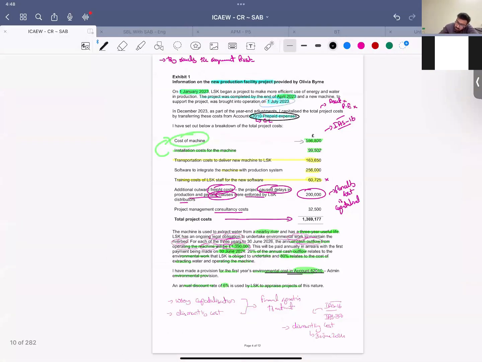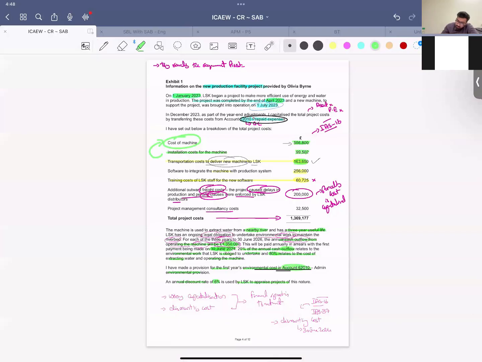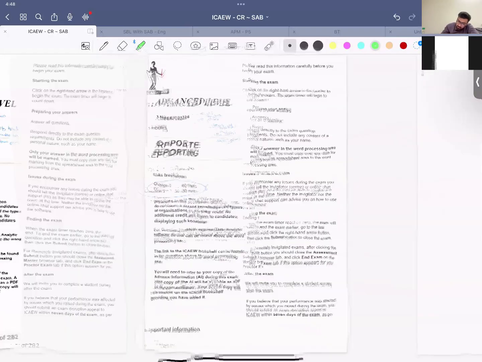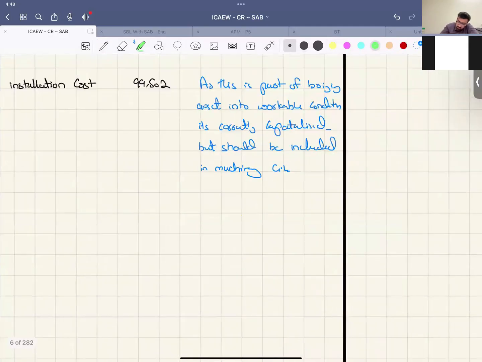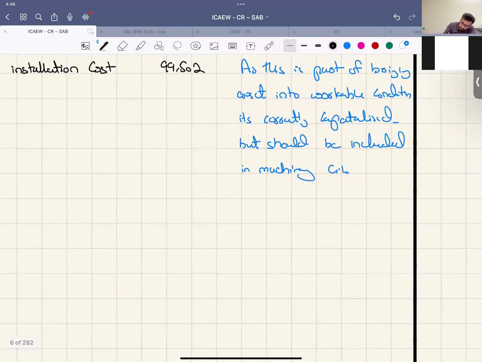Transportation, to deliver the new machine to LSK. Yes, this also needs to be capitalized. Transportation cost 163,502. Now, what is it?